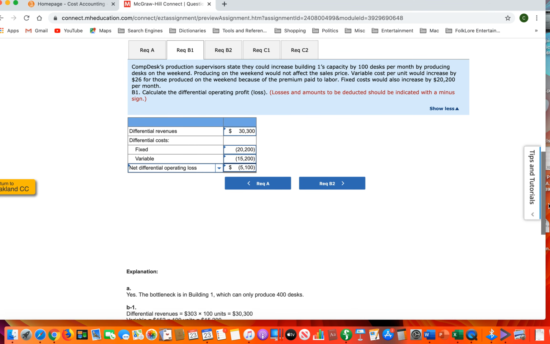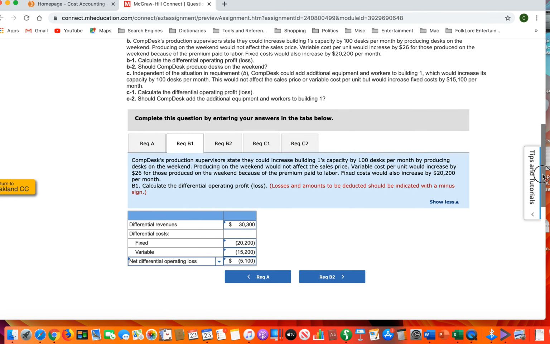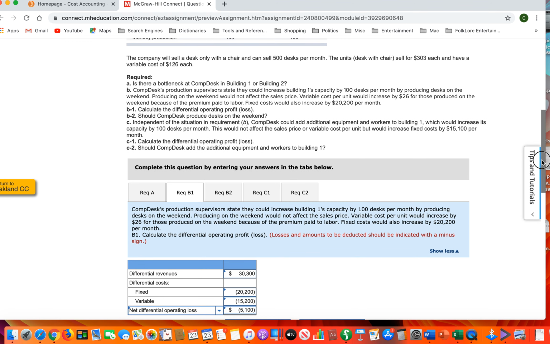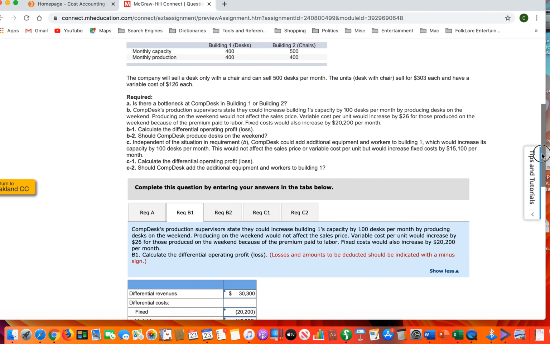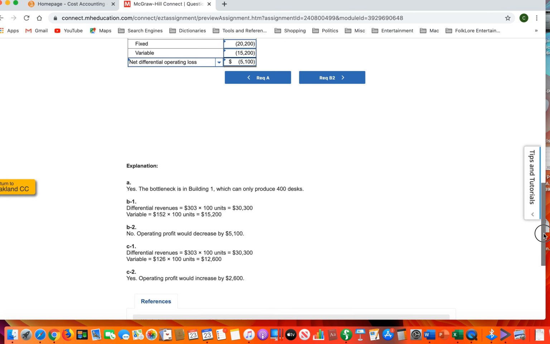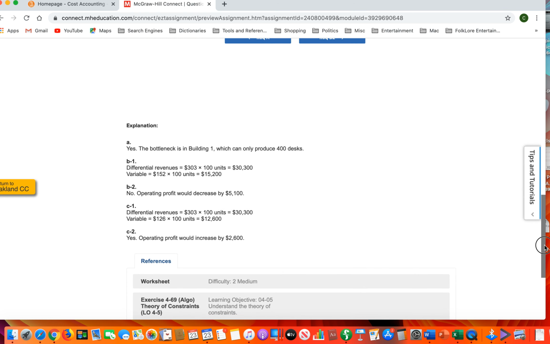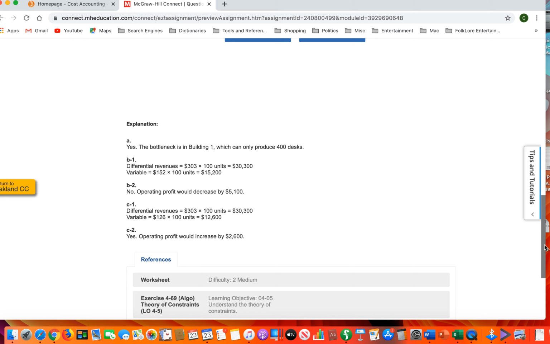So that's 12,600. So 30,300 minus the variable cost gives you a contribution margin of 17,700, and your fixed cost would increase by 15,100, and that'll give you an increase of 2,600.